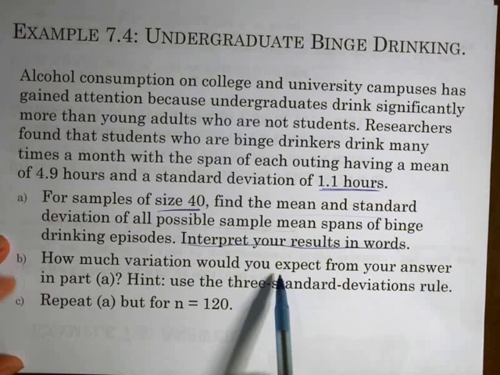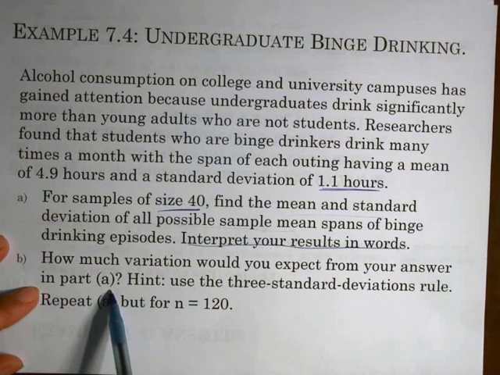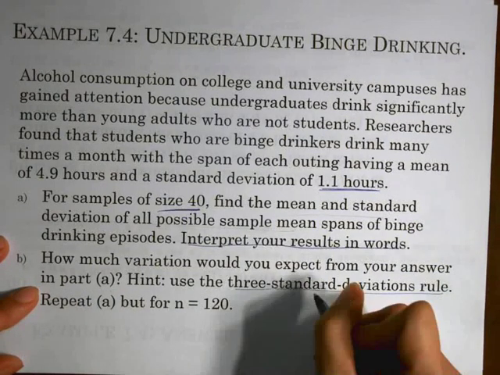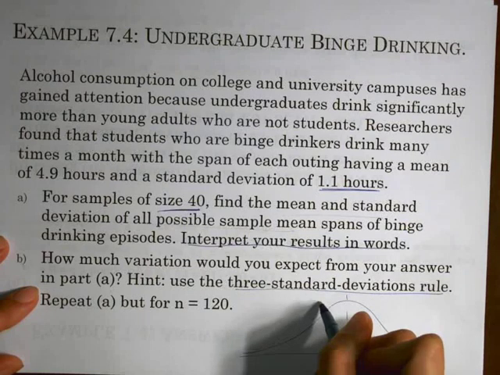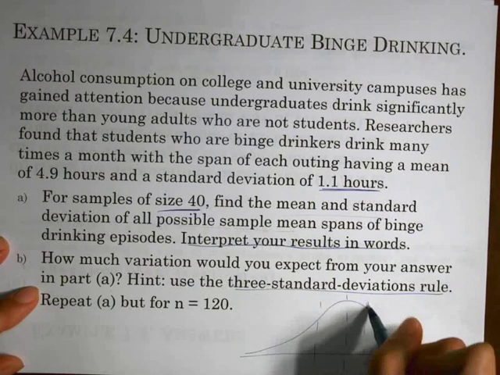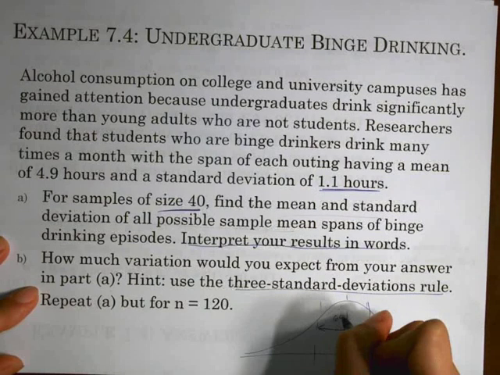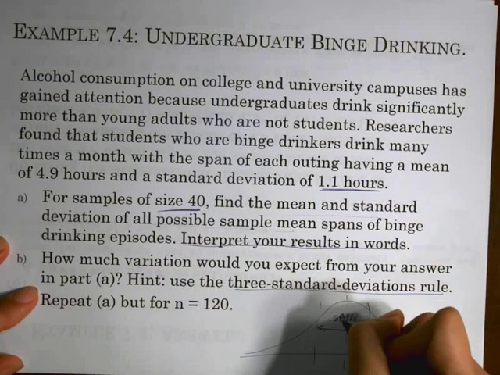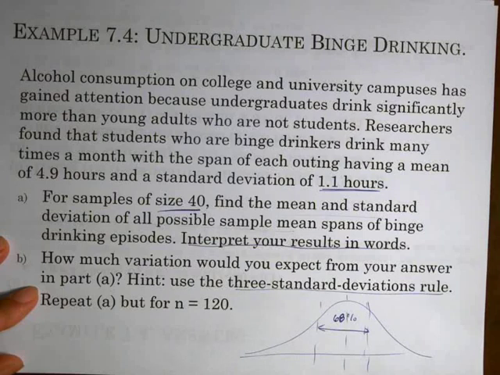I think maybe a more illustrative way to write this is part B, and you have a question like this in your homework. How much variation would you expect from your answer in part A? And the hint is to use the 3 standard deviation rule. That's the empirical rule that we wrote before. I think we're getting pretty good at identifying that within one standard deviation of the mean is 68% of the data, or 2/3.